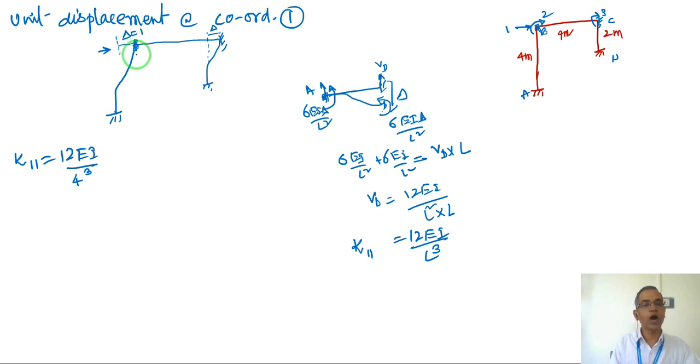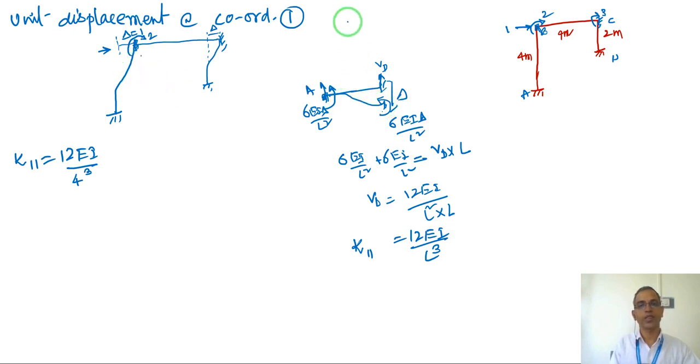I also have a second coordinate like this. Due to this displacement 1, how much is the moment produced at 2, which is nothing but the moment produced here?